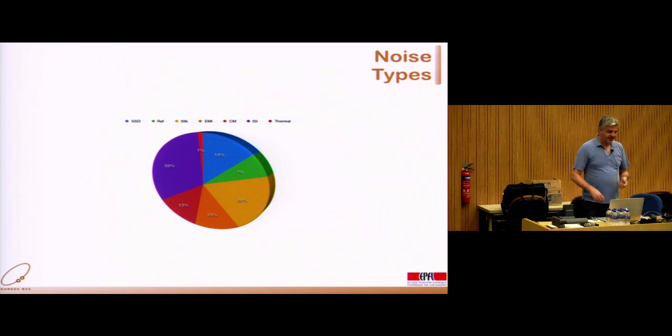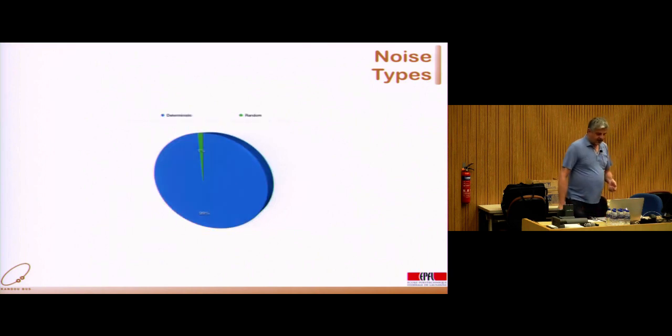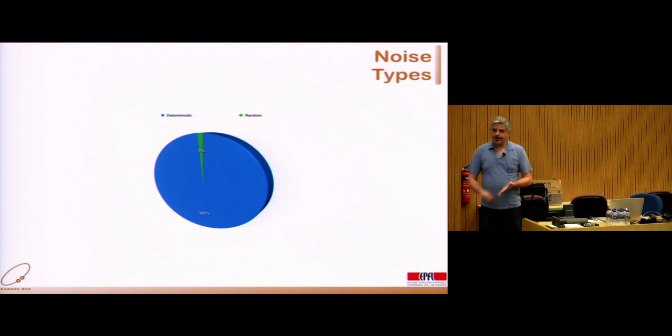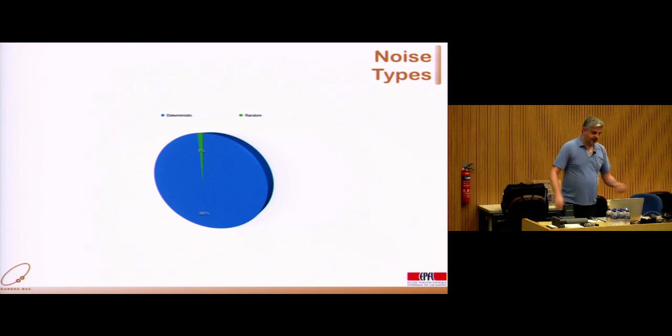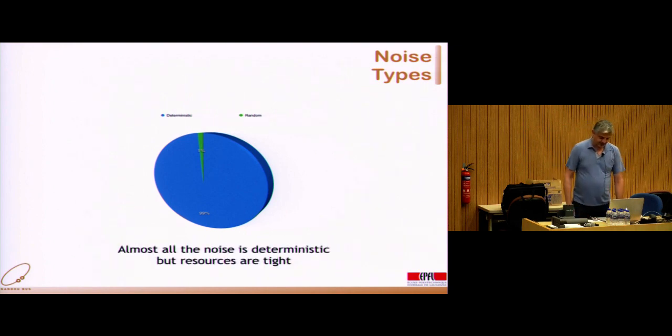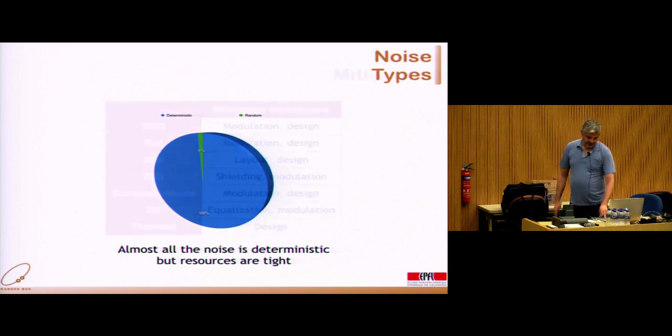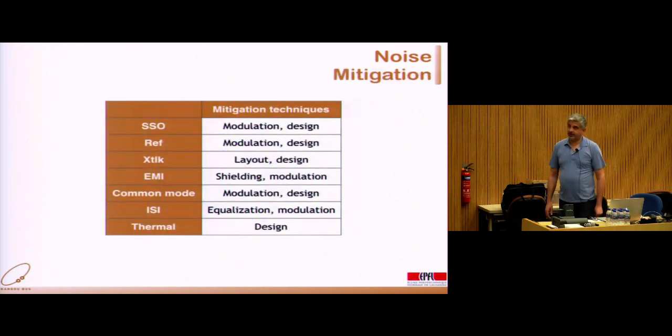The point is that practically all of the noise is deterministic. In other words, if you know what data pattern you're sending, you could somehow mitigate crosstalk, you could somehow mitigate simultaneous switching output noise, and so on. And there's just a very thin slice that's dedicated to this Gaussian noise. Again, resources are tight, so you can't really do anything.